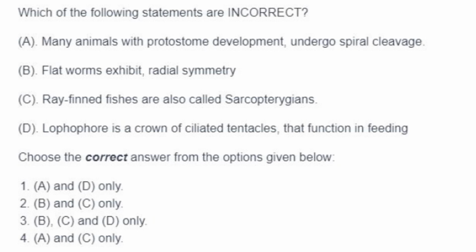Coming to the first statement, they have asked for the incorrect statement. Many animals with protostome development undergo spiral cleavage. That is correct. Flatworms exhibit a radial symmetry? No, they exhibit, I think, bilateral symmetry. So B is not correct.